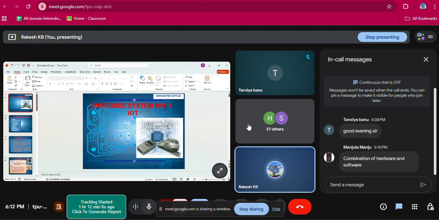And the applications are washing machines, microwave ovens, remote controls, automotive control units, IoT devices. These are the applications of the microcontrollers.